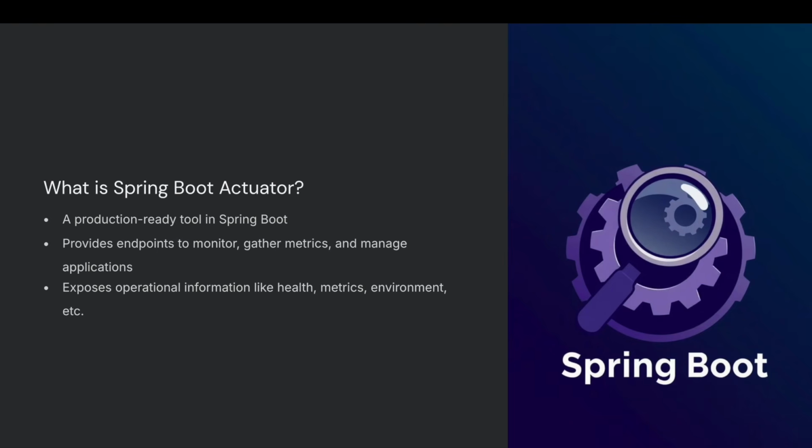That I'll be showing you when I give the demo at the end of the video, like what are the available endpoints. A few I have given in this slide also, like what are the endpoints which are exposed. So the endpoints like health, metrics, environment, etc. And there are more which I'll be showing at the end.